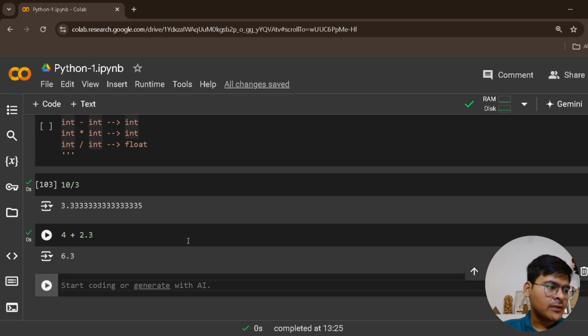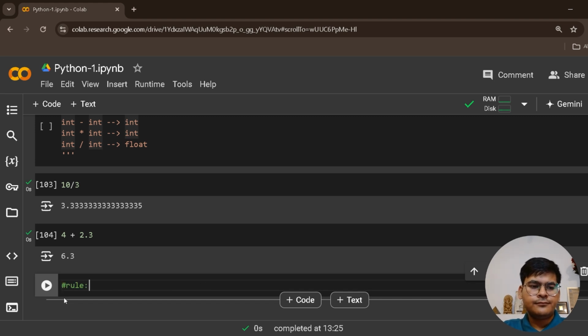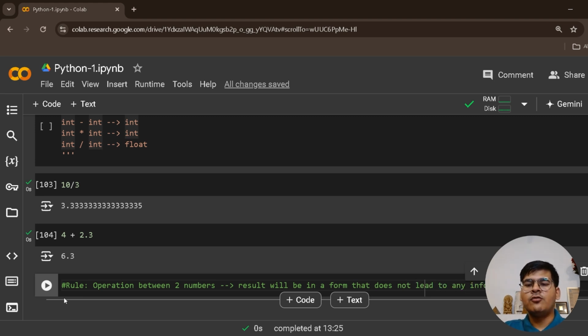In fact, I'll give you a rule. Whenever you perform an operation between two numbers, the result will be in a form that does not lead to any information loss.